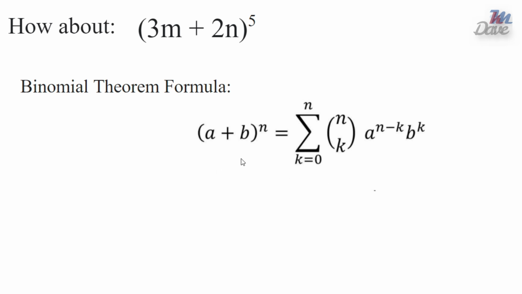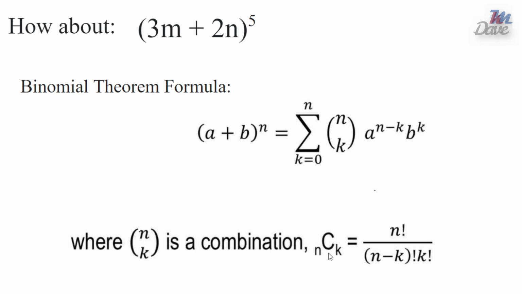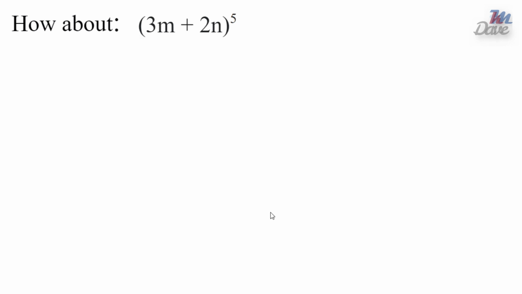A plus b raised to the power of n, we can expand it by using the summation of k equals 0 up to n of n choose k times a to the n minus k times b to the k, where n choose k is a combination, nCk, equals n factorial divided by n minus k factorial times k factorial. To know kung paano sila gamitin, solve natin si 3m plus 2n raised to 5.